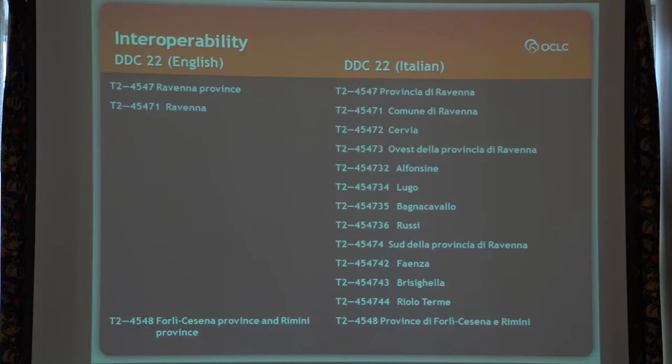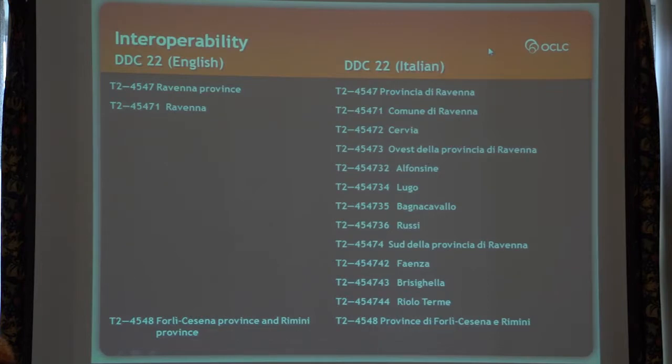So here's a great example where Ravenna province and Ravenna, they mean the same thing in the English language and Italian edition, but in the Italian edition, that's been further expanded here. And this is a logical abridgment. 45471 and 4547 are logical abridgments of everything that you have here.